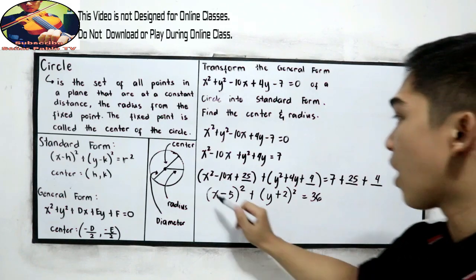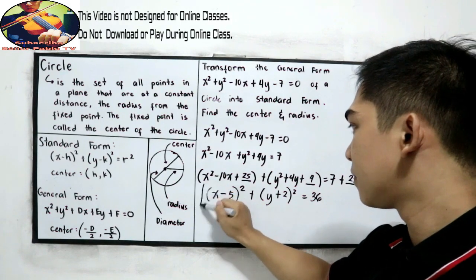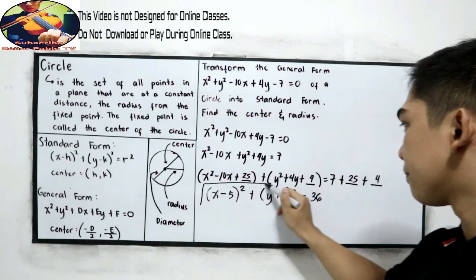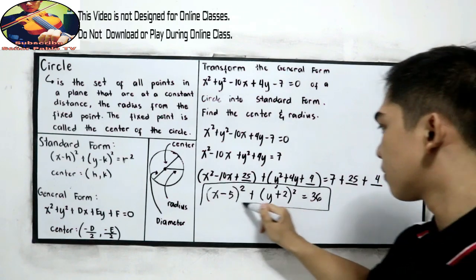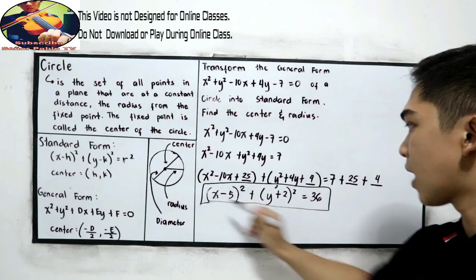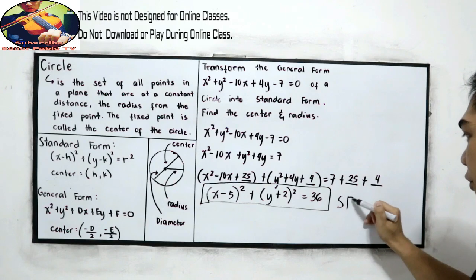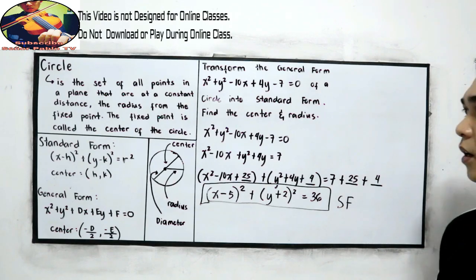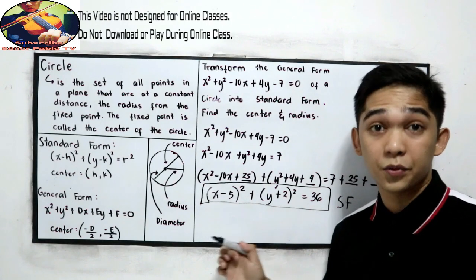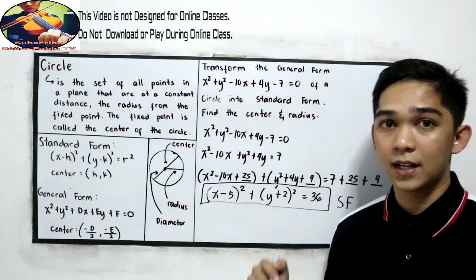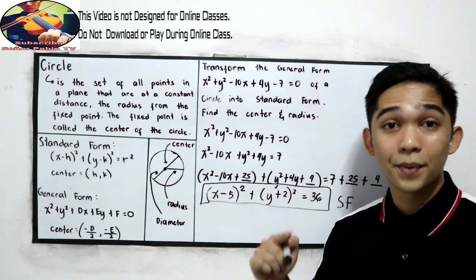So this is now our standard form. If you want to master a perfect square trinomial, go to our grade 9 playlist to recall your completing the square.